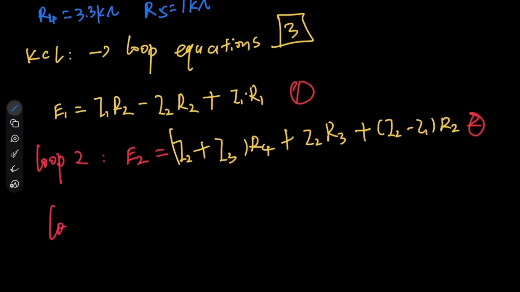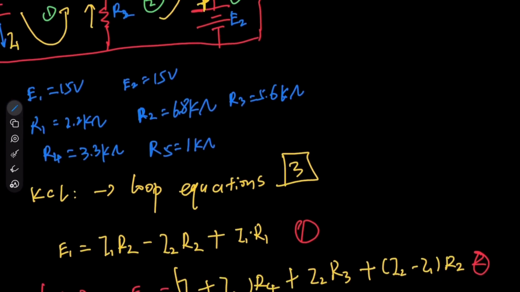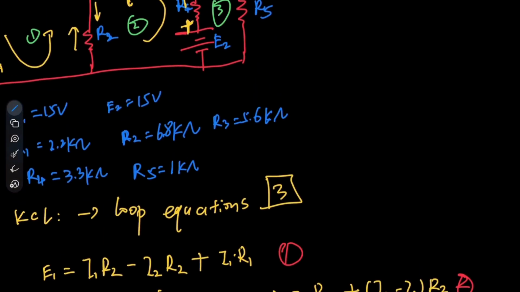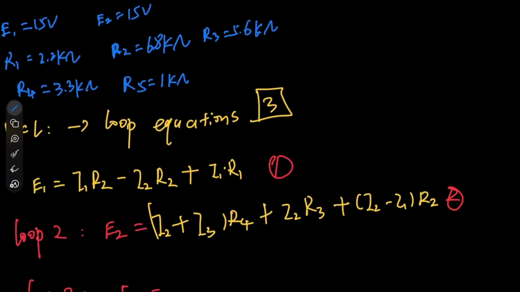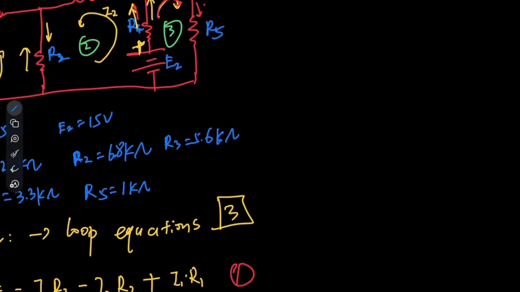For loop 3, if we look at the diagram here, we have the power source, and we have R4 and R5. So same thing, E2 equals, so for I3, the positive direction is this way, so we have I3 and I2, so it will be I2 plus I3, same thing, times R4, and then we plus I3 times R5, because there's only one current flowing through R5, and it's just I3.